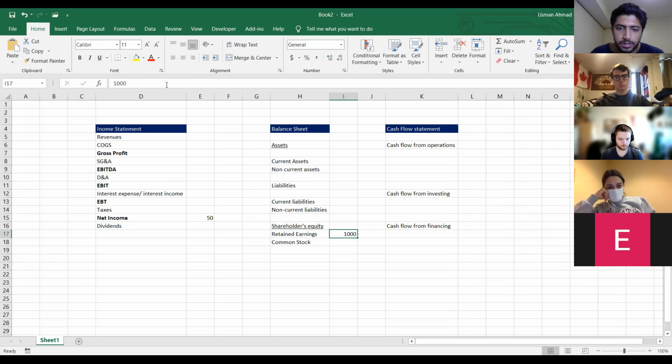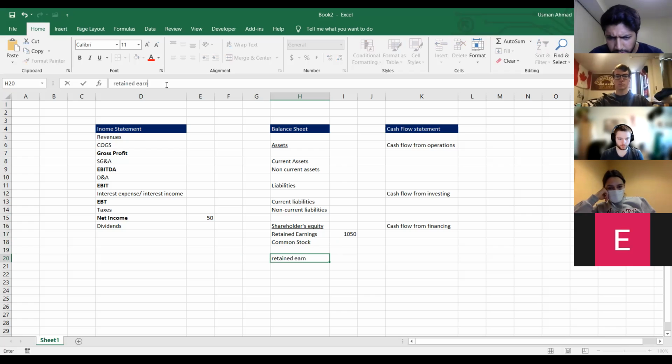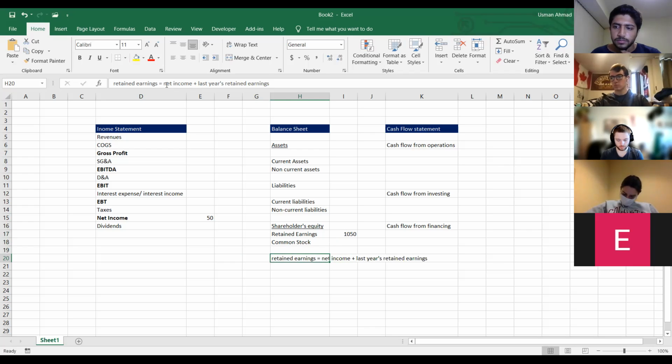So this year's retained earnings would be 1,050. So retained earnings is net income plus last year's retained earnings. Does that make sense? Any question on that?